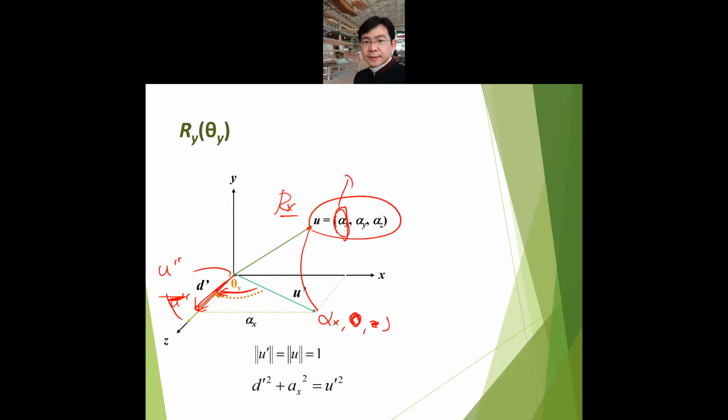We can make sure that this vector has alpha x, because we already have alpha x, and the u-plane is a univector. Because we applied the rotation matrix, we can get the d-plane, since d-plane squared plus alpha x squared equals the u-plane squared.